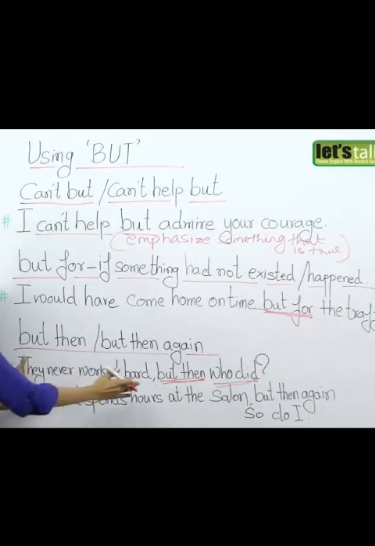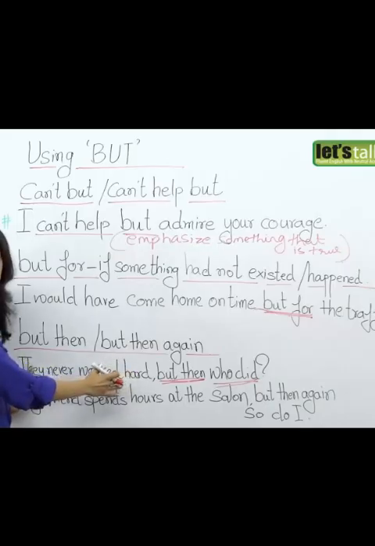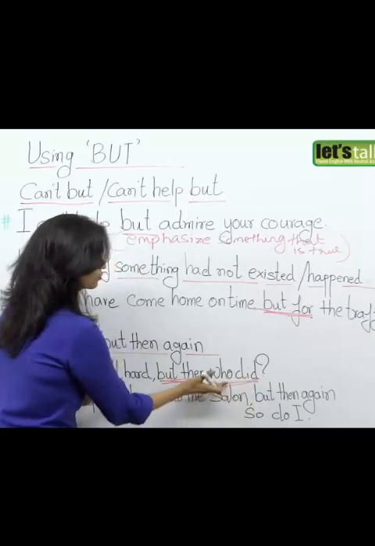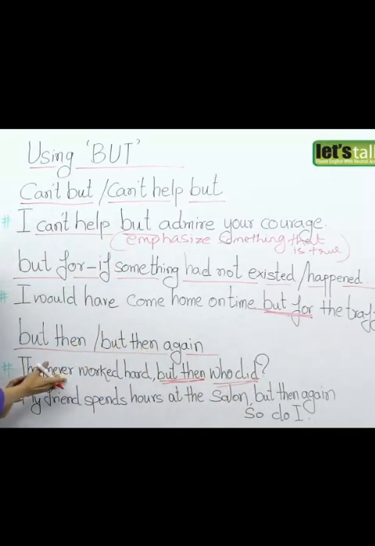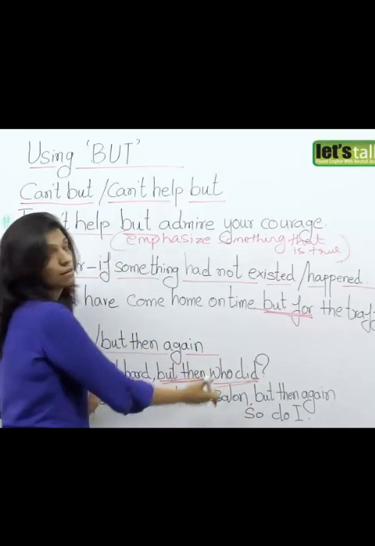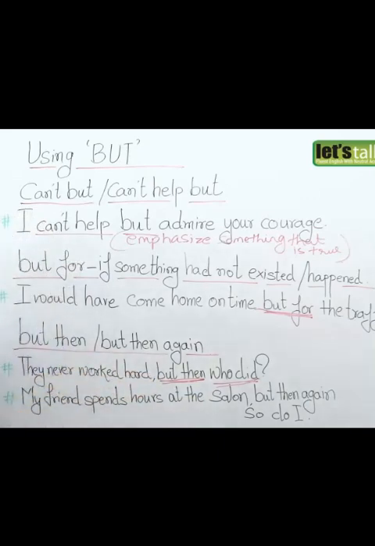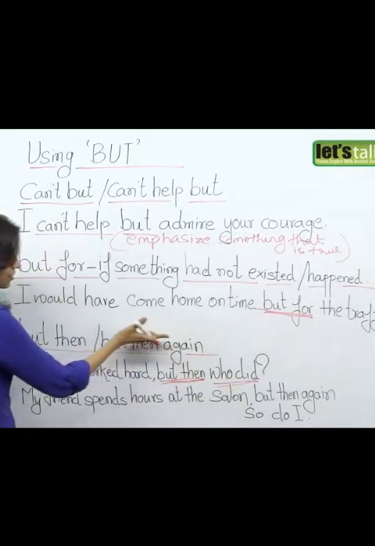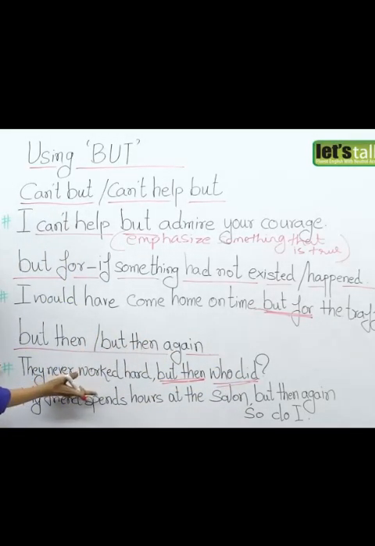If you realize in this part of the sentence, I'm not happy, I'm complaining. But when I use but then, I use it before making a remark to slightly contradict what I just said. So I say, but then who did? So it's okay, no one did.